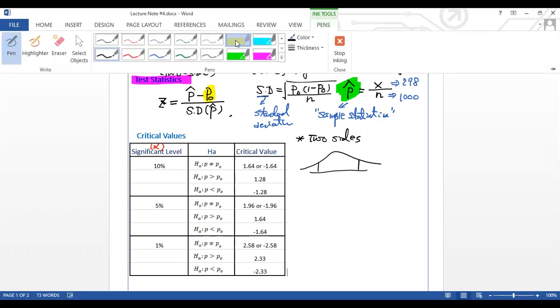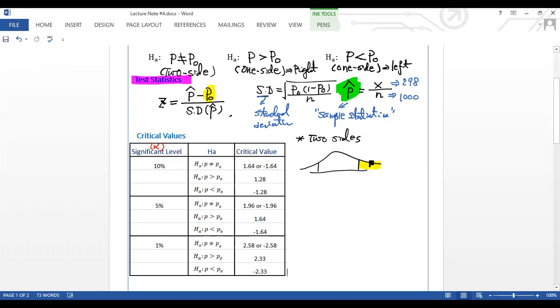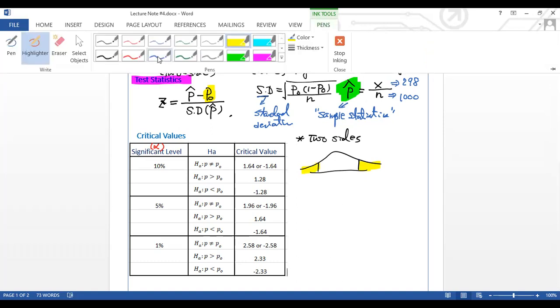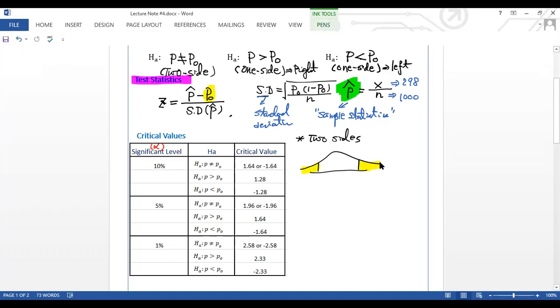This is the two-sided area and this area, each is an alpha over 2 area. So this is a two-sided test.